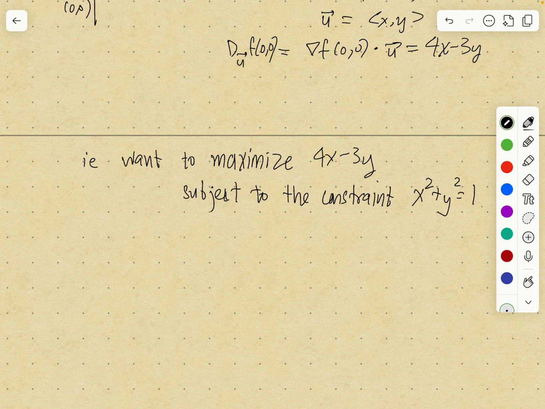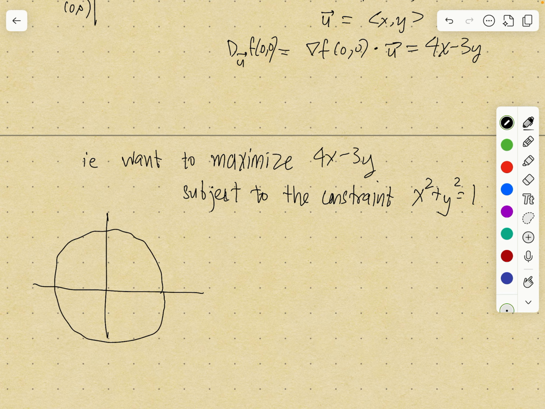So, okay, one way to do this is by Lagrange multipliers, but I'm going to show a simpler way of doing it. So here's your circle, x-axis, y-axis, and you want to see out of all the points on the circle, what will maximize 4x minus 3y?